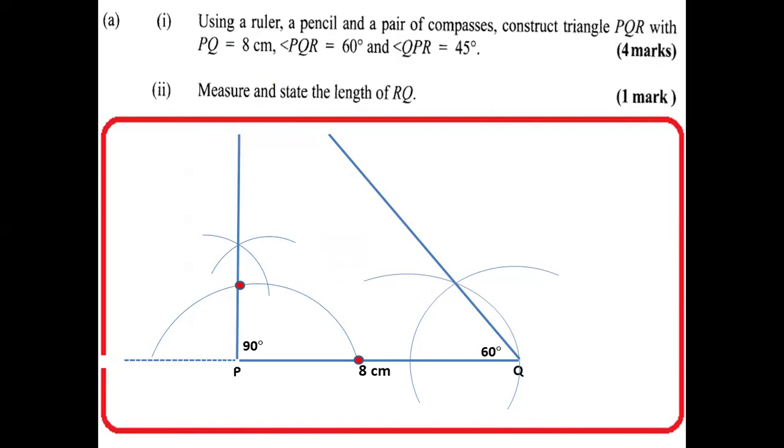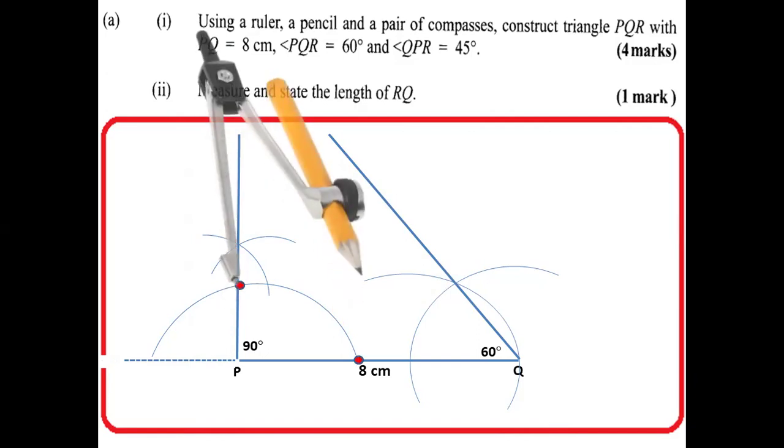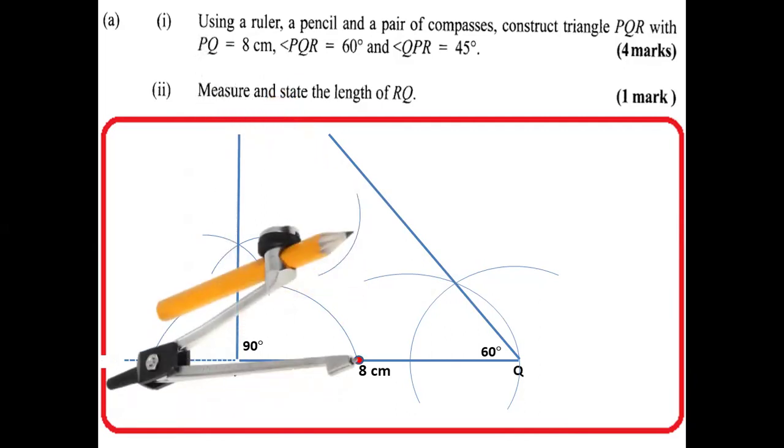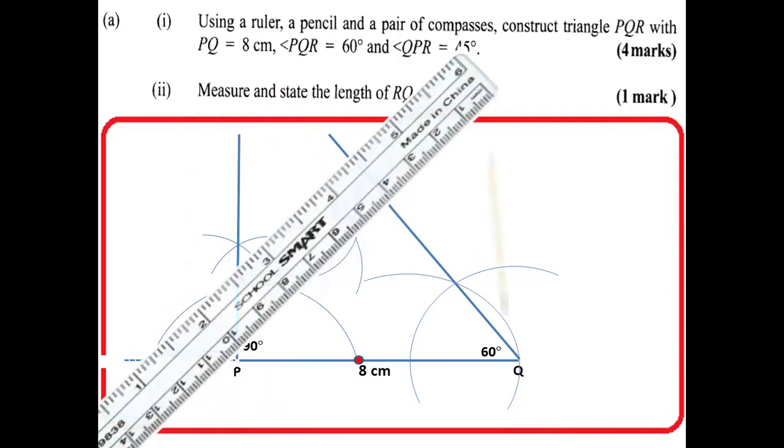Whenever we're bisecting an angle, we need points from a common arc. So that's a common arc, and we're going to just put the compass and swing out in the middle there. And the compass at the other point, you see the red dot there, and swing out in the middle. Now forget the ruler and just connect point P through where the arcs meet there.